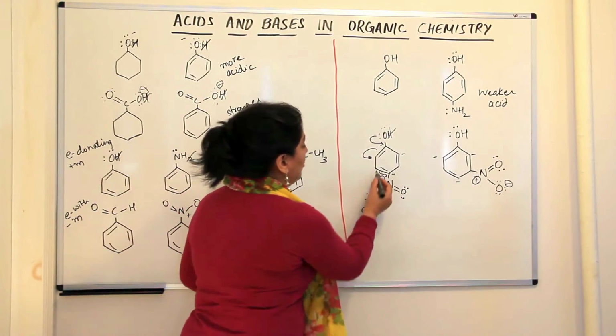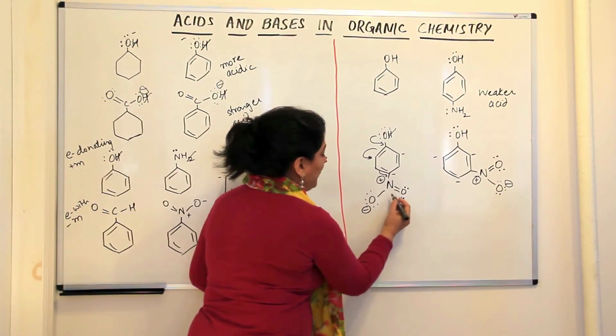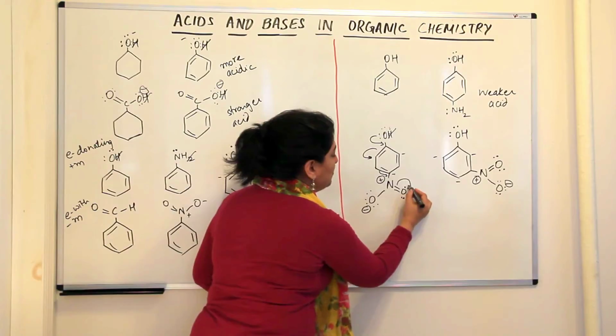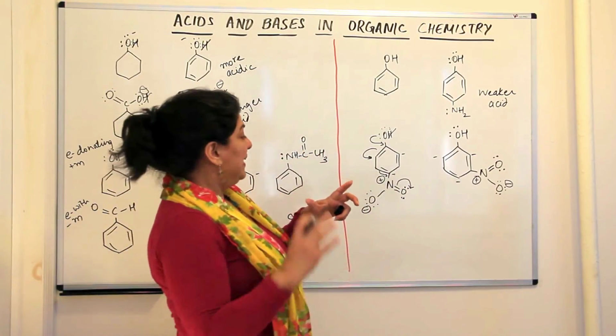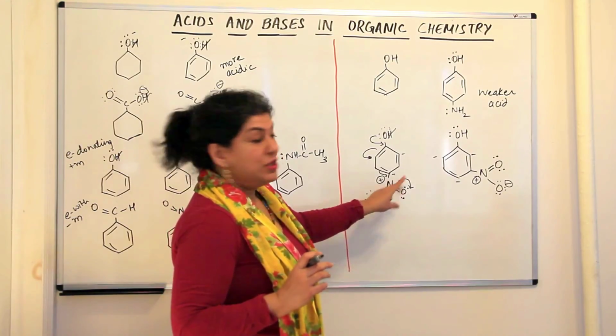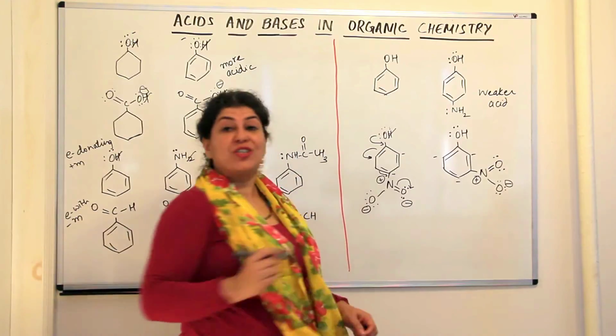Why can this happen? Because if they move towards nitrogen, the second bond here between nitrogen and oxygen moves back here, and when the pi electrons of the NO double bond are pushed back to oxygen, the negative charge comes on oxygen.